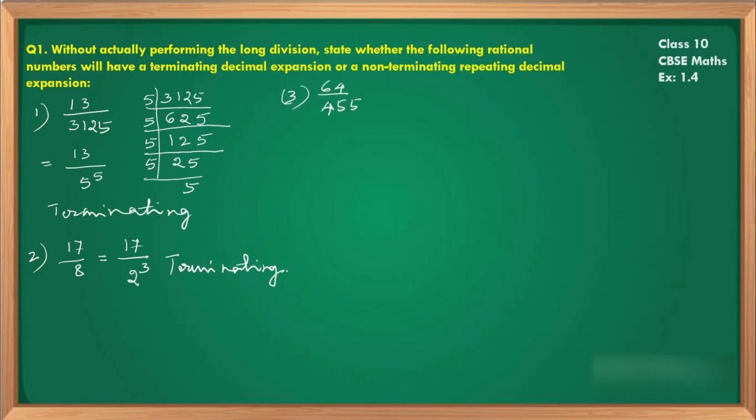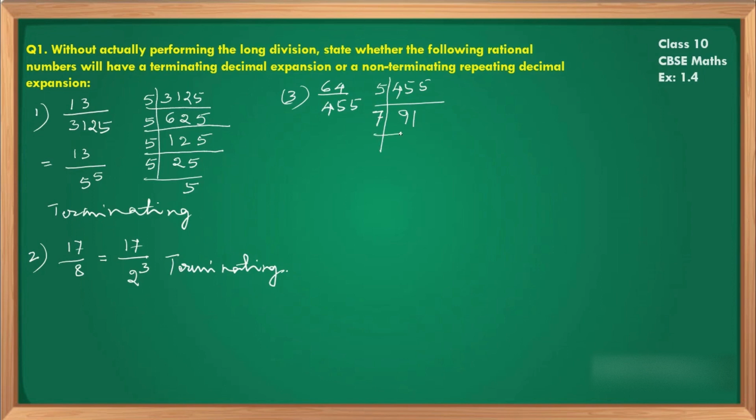Without dividing this in the long division method, you have to factorize 455 and 64 to find out whether the given rational number is terminating or not. Let us factorize 455. As usual, this number has 5 in the end, so divide by 5. 5 nines are 45 and 5 ones are 5. Now next is 91. It cannot go by 5.